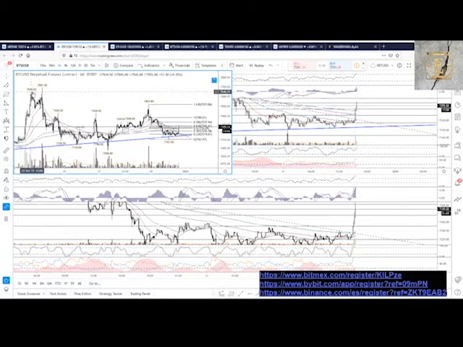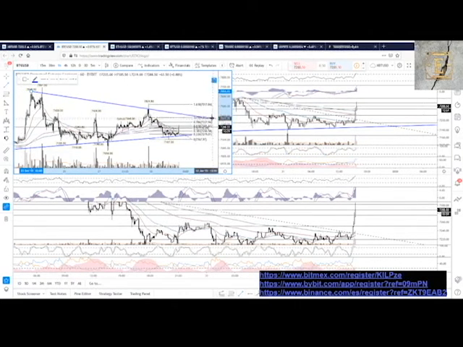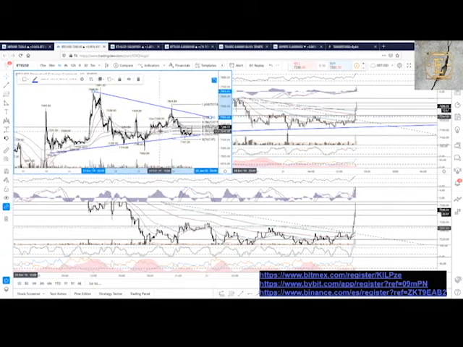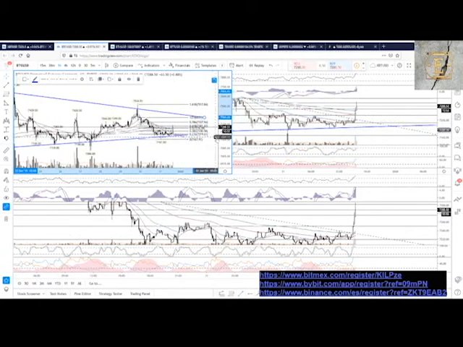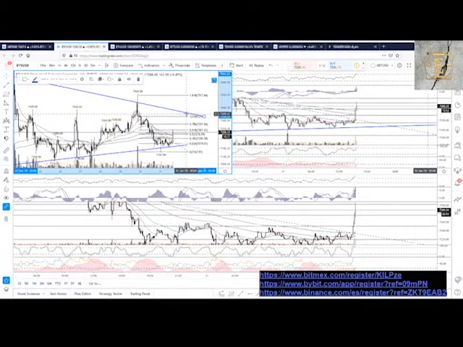Let's consider this top and not this top. This looks like a good trend line, so this one should be enough.